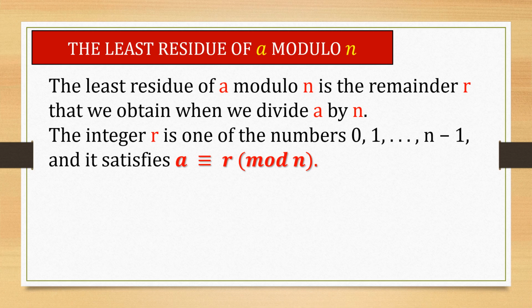One thing we should keep in mind is that when we divide a by n, the remainder should be positive. It ranges from 0 to n minus 1.